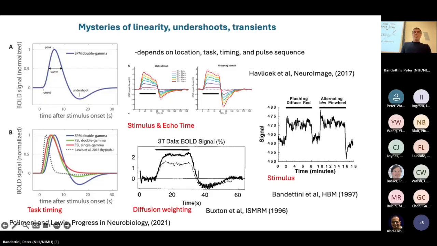So there could be ongoing inhibitory signal or differences in the neurovascular effects that occur in the post-undershoot with the stimuli. So there's all these transients. And I guess the message I want to convey is that there are many different transients in the signal. There's the onset transient that I talked about. There's the post-undershoot, and everything in between that contains information.